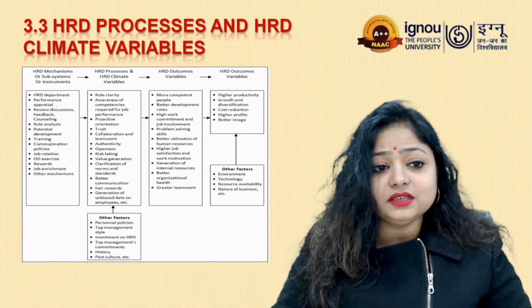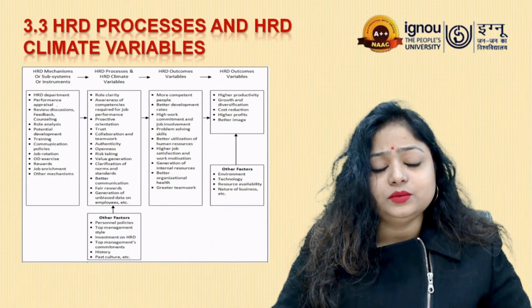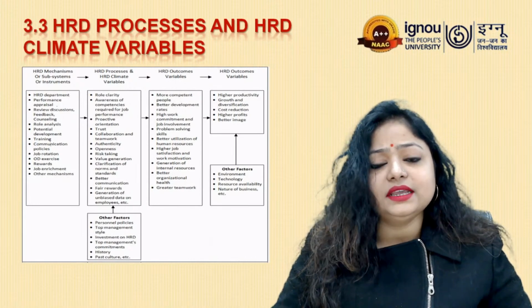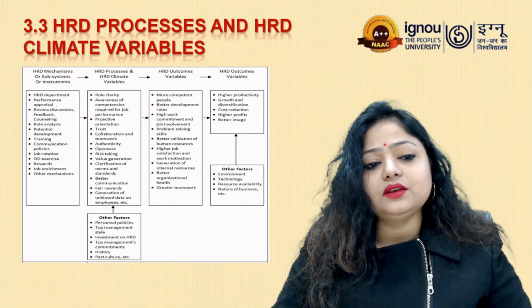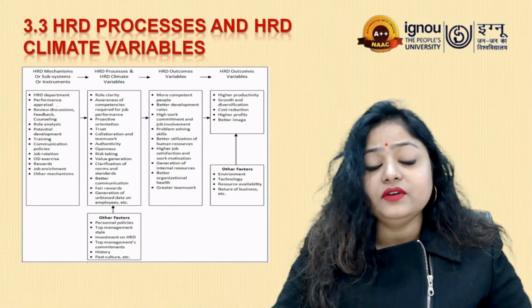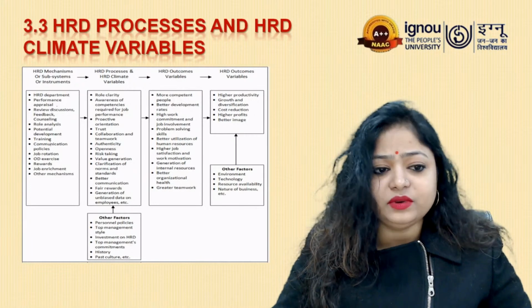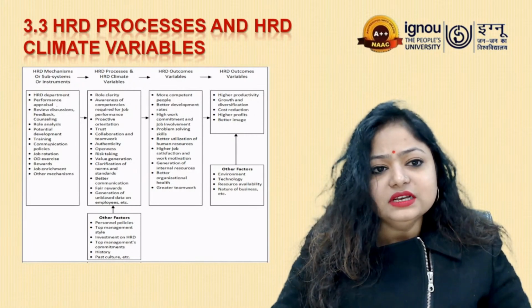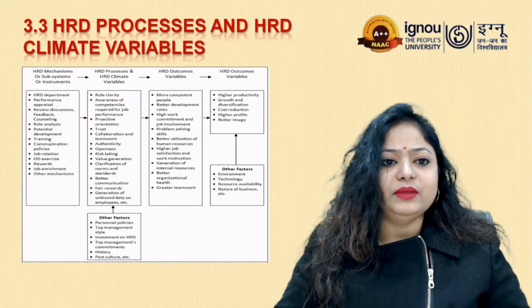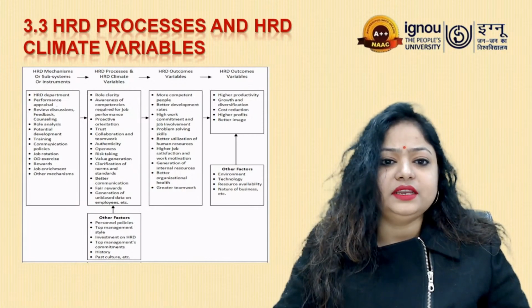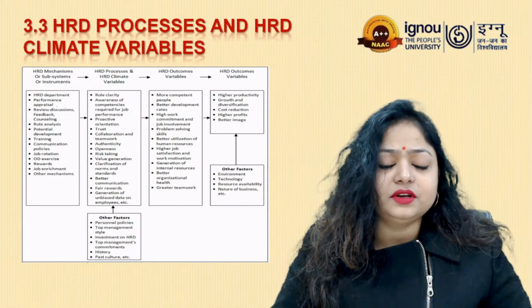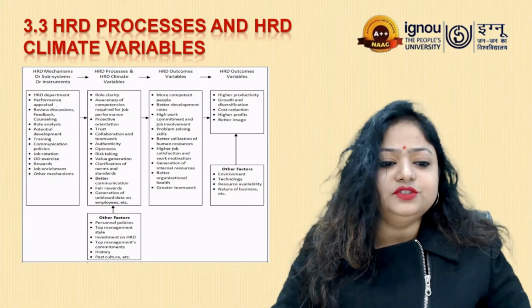Now, the process variables or the HRD climate variables are role quality, awareness of competencies, proactive orientation, trust, collaboration. Okay, so this is the entire climate or the process variables which has been laid out in front of you with the help of a chart.